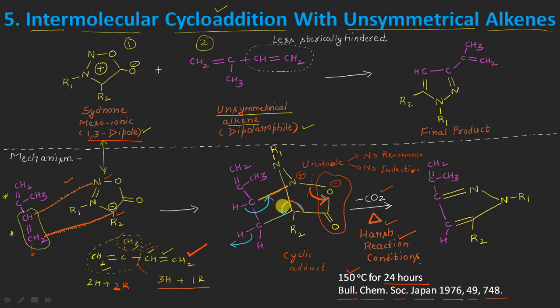These bonds will be shifting here onto this side, sending this H out of the system, and these electrons are shifting from here to here, such that some type of fragmentation is taking place, resulting in the formation of a double bond here, which you can see from this arrow, and a double bond here, which you can see from this arrow, and this CO2 is going out of the system, resulting in the formation of this type of final product, which is exactly the same as this product here, right?